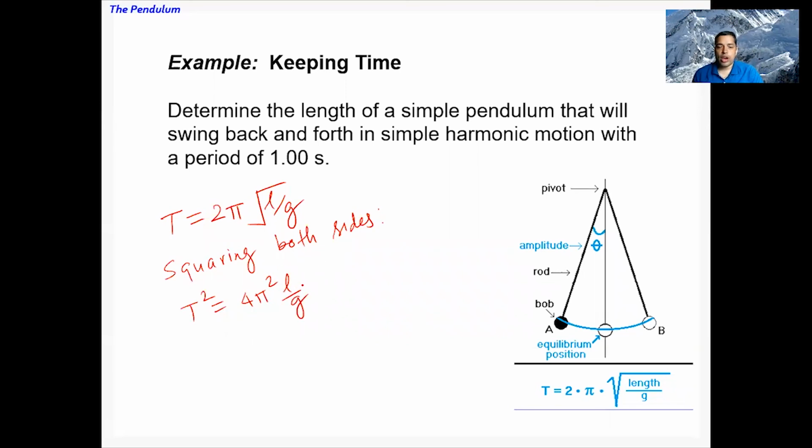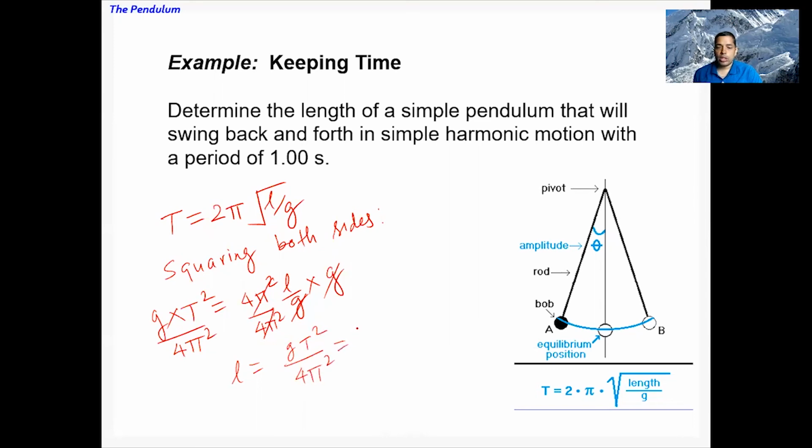We need to find L, so multiply both sides by g and divide both sides by 4 pi squared. Then you have L equals g T squared over 4 pi squared.